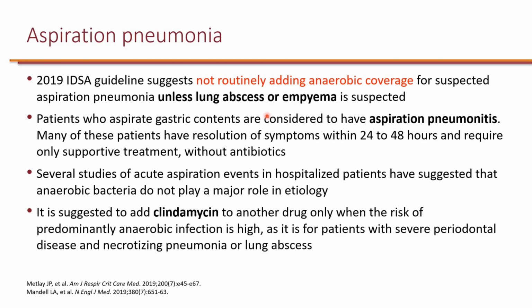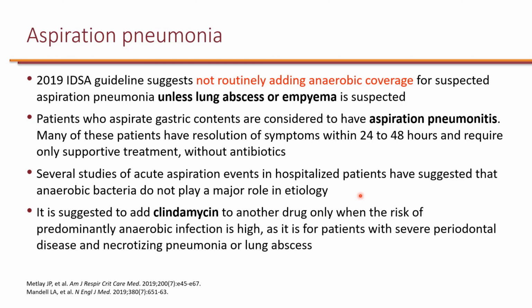So lung abscess and empyema are more likely to actually grow anaerobic organisms. So outside of that, it's very unlikely that the patient will have anaerobic organisms growing, so it's not recommended to add metronidazole, for example.